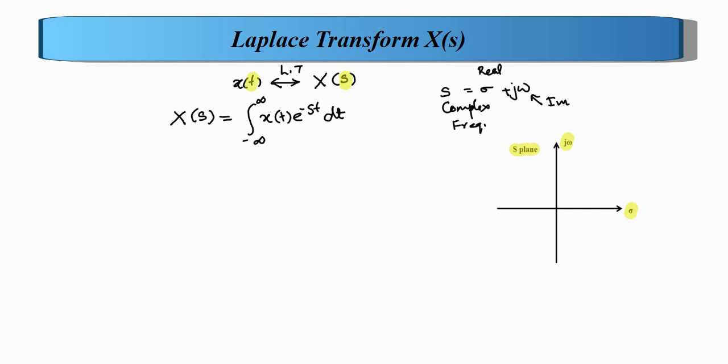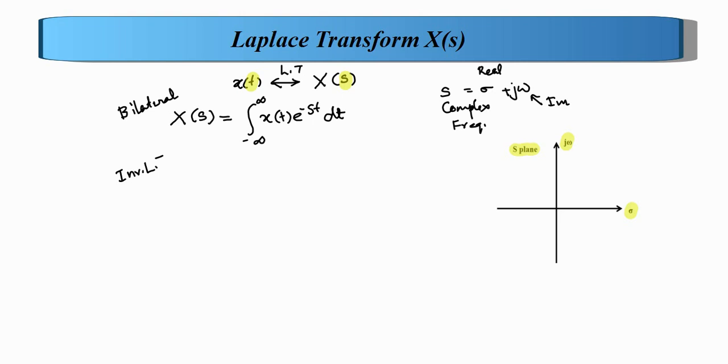Now I can write the inverse equation. One more thing, this is basically known as the bilateral Laplace transform. After 2-3 lectures we will discuss what we mean by the unilateral Laplace transform, and now we will discuss the inverse Laplace transform equation.